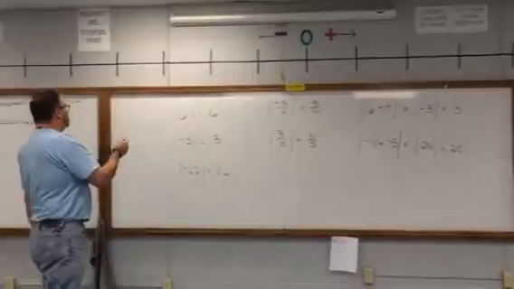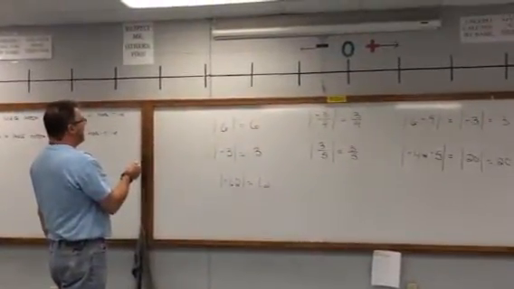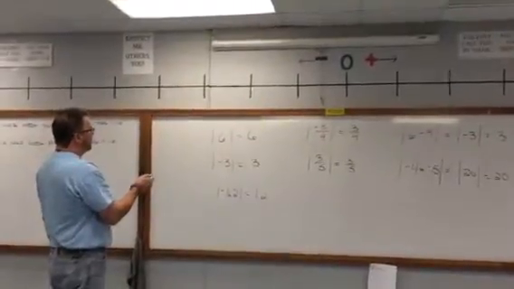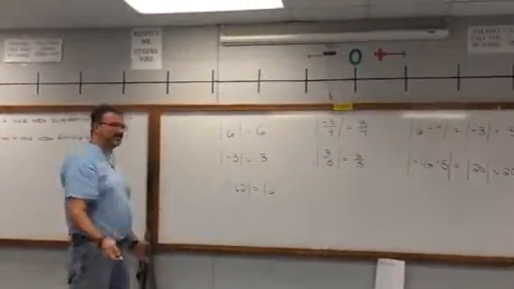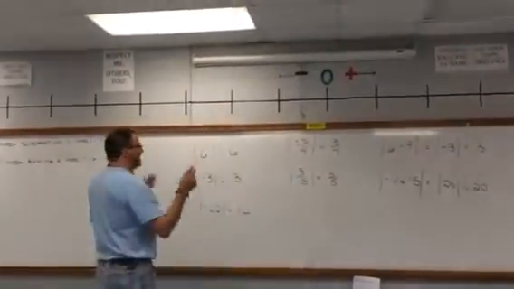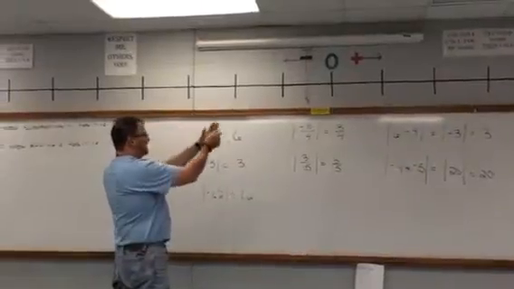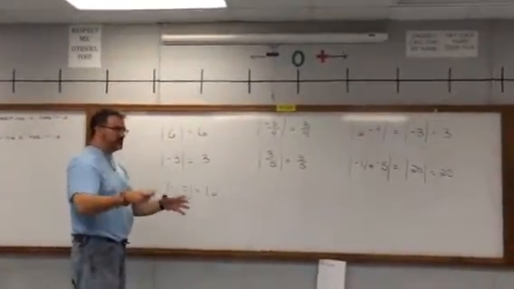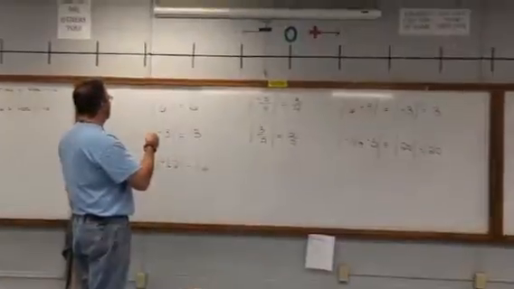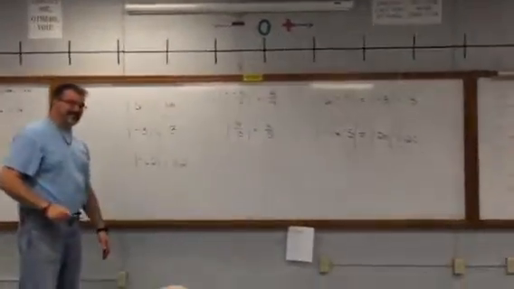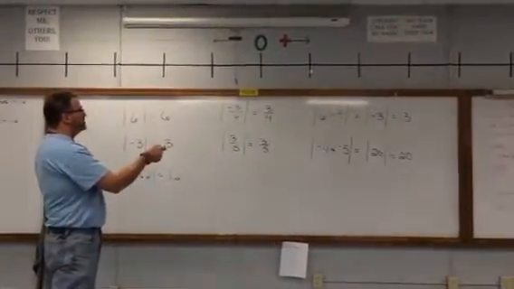If I come over here to say -3 right there, if I count to 0, 1, 2, 3. The absolute value of -3 is 3 because that's how long it takes me to get to 0. So +3 and -3 have the exact same absolute value because they're both 1, 2, 3 from 0.